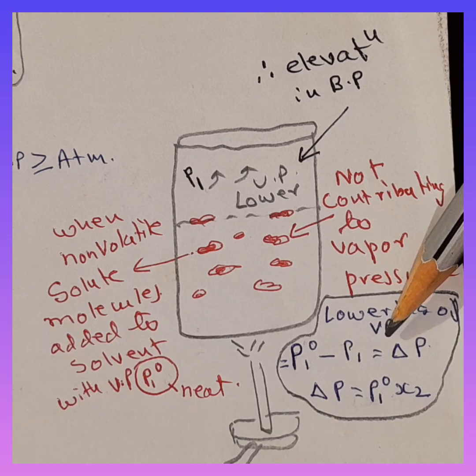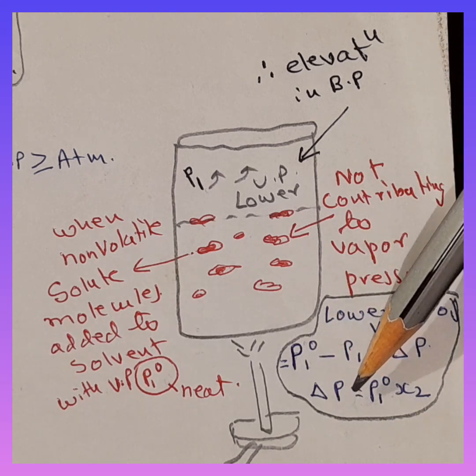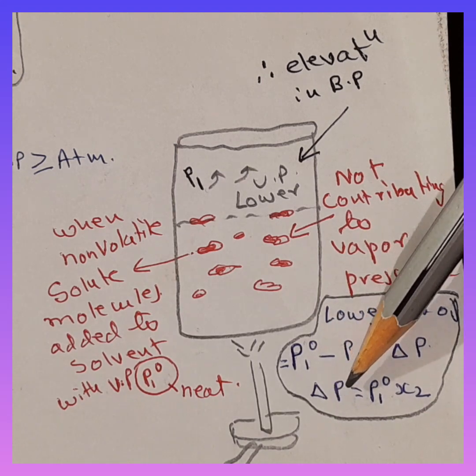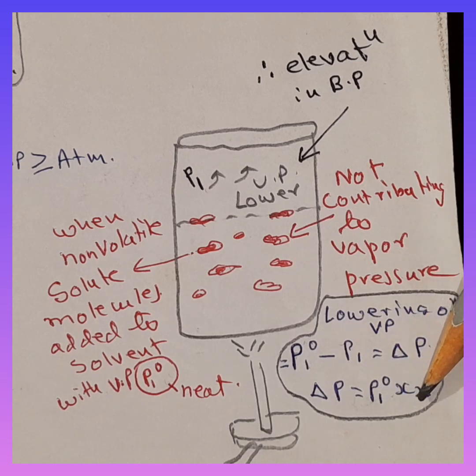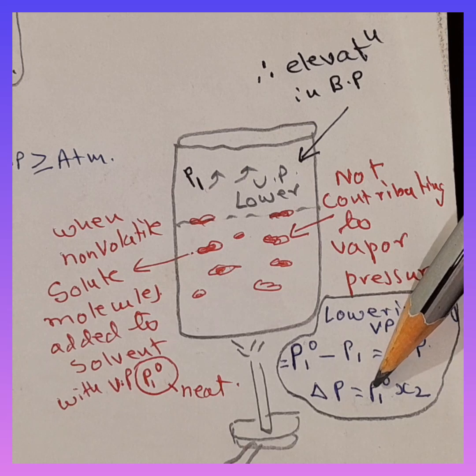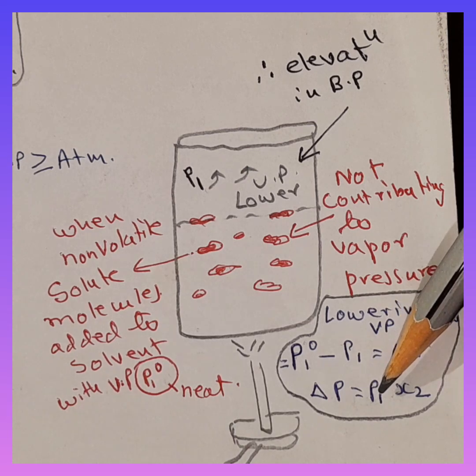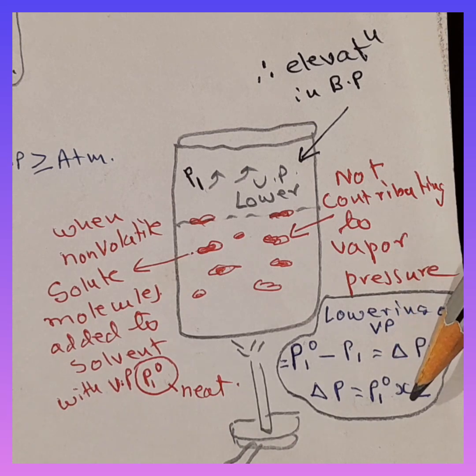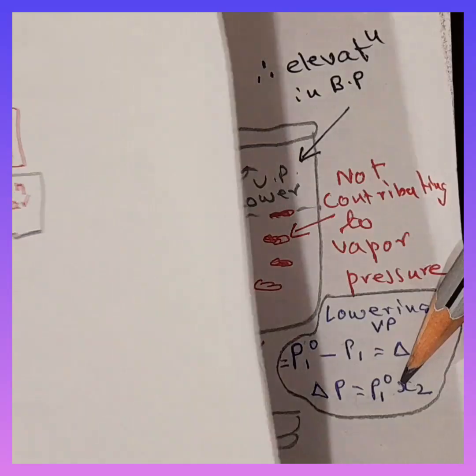Now it has been found out experimentally that del P is equal to P10 x2. P10 is the vapor pressure of neat solvent and x2 is a mole fraction. So let's get into a bit of calculation now.